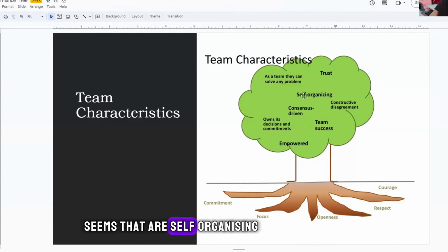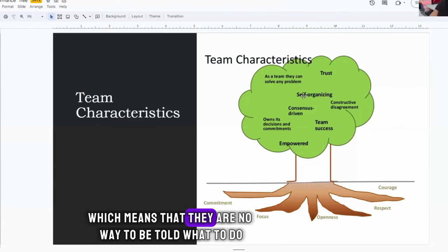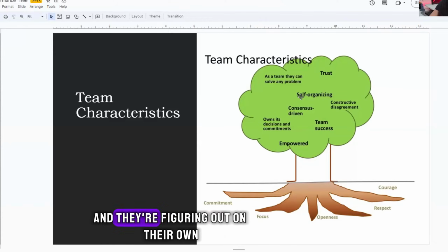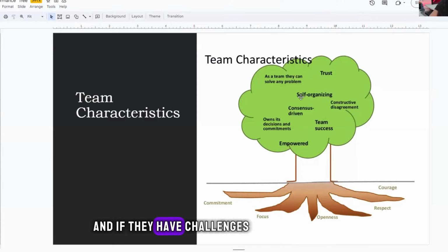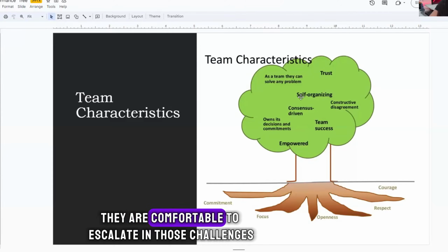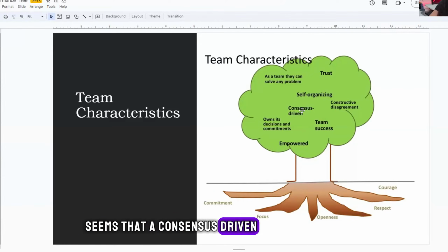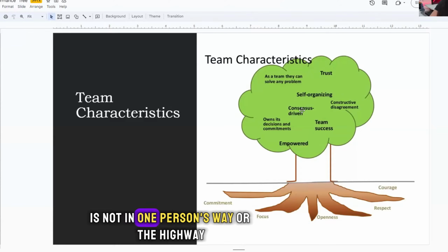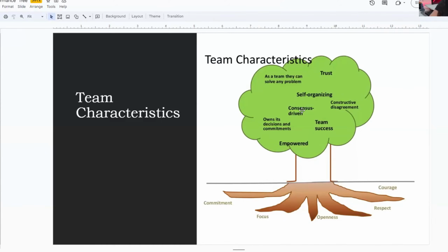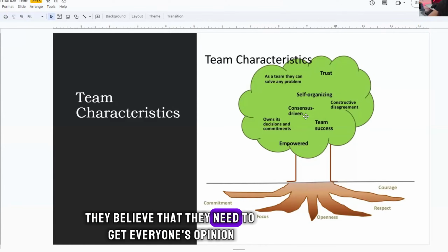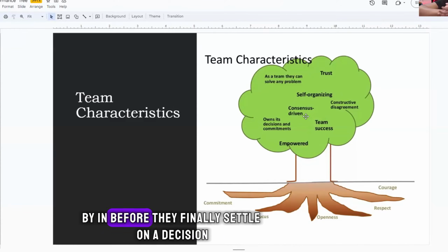Teams that are self-organizing, which means that they are not waiting to be told what to do. They just go out there and they're figuring it out on their own. And if they have challenges, they are accountable to escalating those challenges. Teams that are consensus driven. It's not one person's way or the highway. They believe that they need to get everyone's opinion, buy-in before they finally settle on a decision.